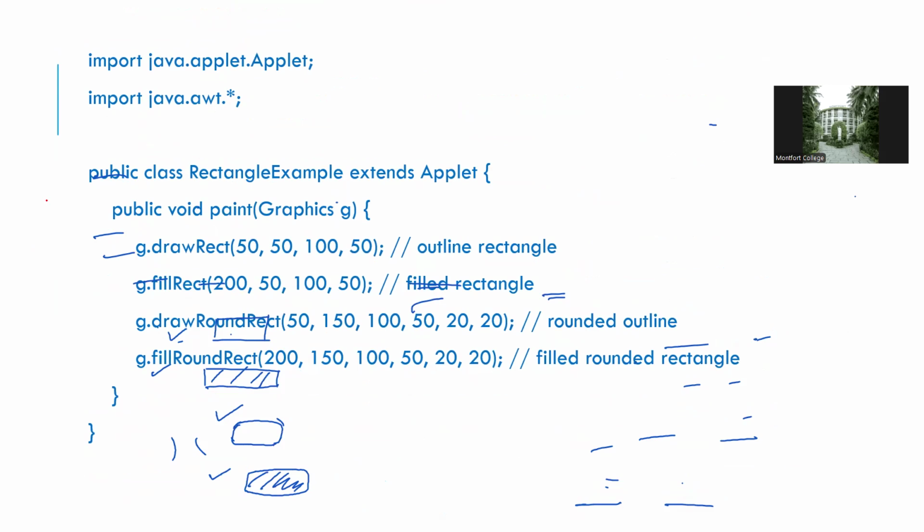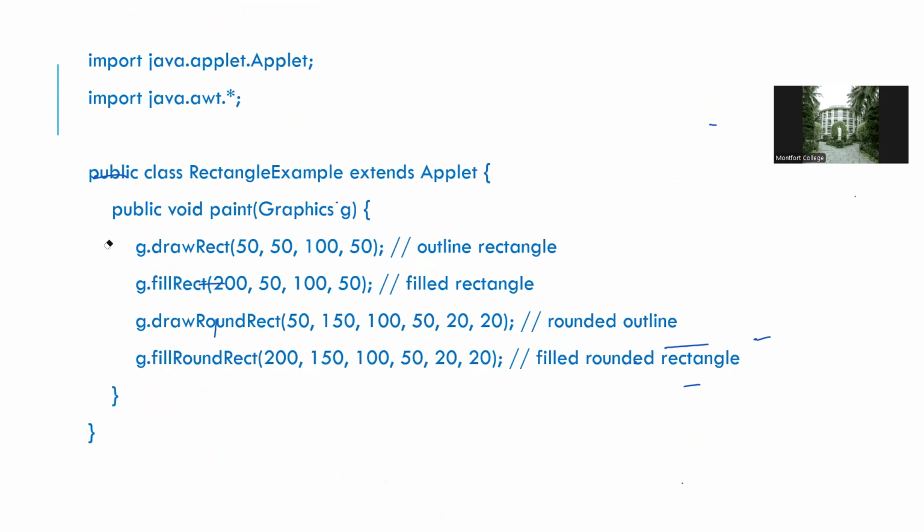So this is the code for the previous one, for rectangle and round rectangle. Now we are going to spot the arc width and arc height for the round rectangle. Let me point out. Where is round rect?